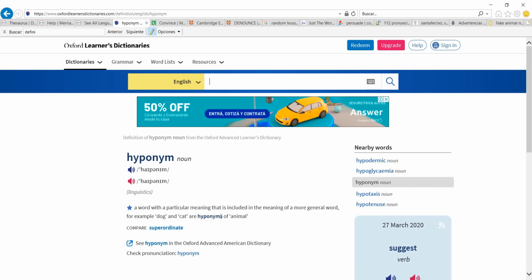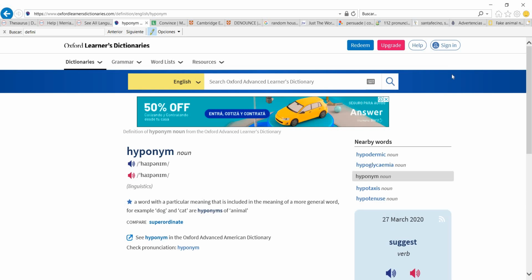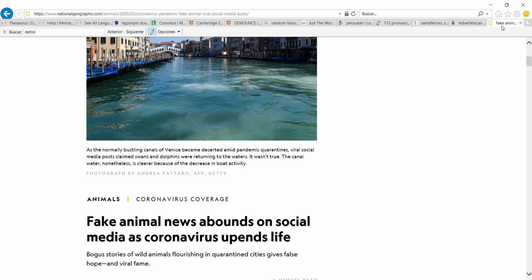So they are hyponyms of the word animal. And because of that, dog and cat are what we call co-hyponyms. That includes also giraffe and elephants and deer and dolphins, and that's the reason why I have this page here about the fake animal news abounding on social media, right?